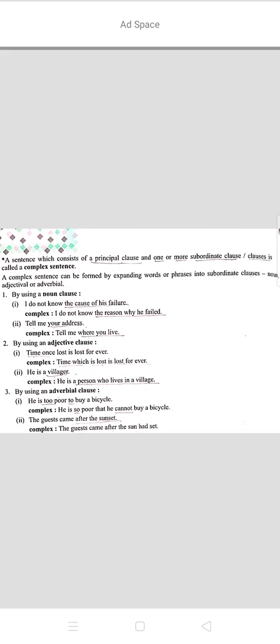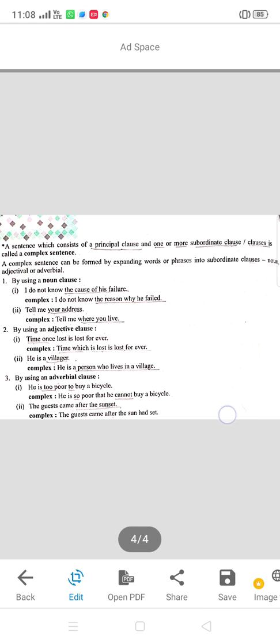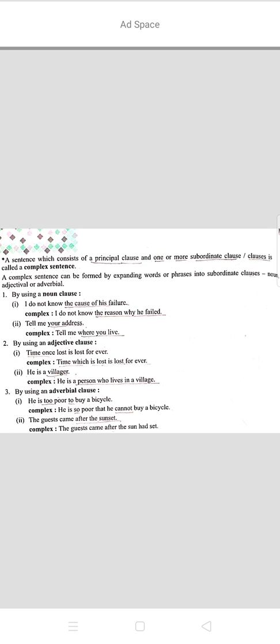So a sentence which consists of a principal clause and one or more subordinate clauses, it is not only that we have one subordinate clause, it can consist of many. So better remember that those sentences which consist of one principal clause and one or more subordinate clauses are known as complex sentences.